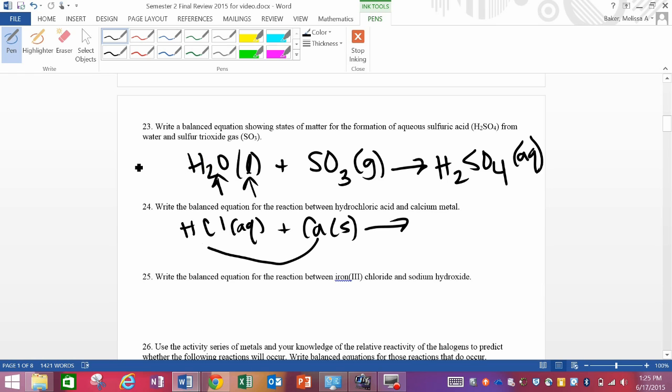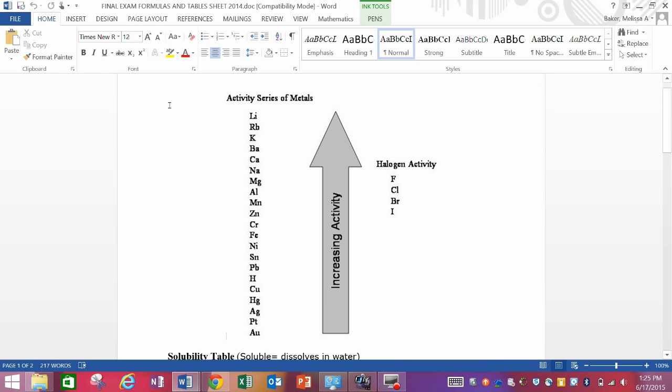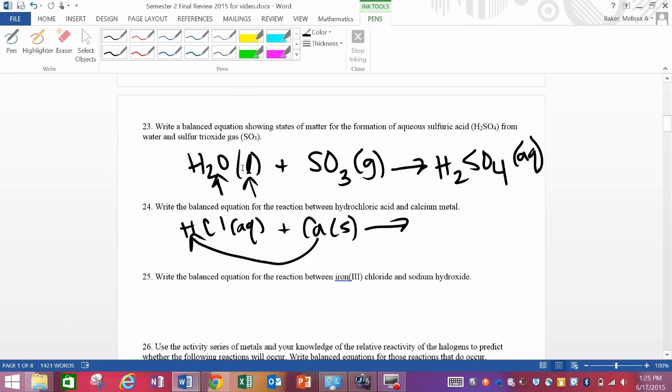So is calcium powerful enough to kick out hydrogen? So you go and you check your list, and you say, okay, here's calcium, hydrogen's way down here, so yep, it is. Now H is by itself, but H is never by itself because it's in Hofbrinkel, so H2 plus, now Ca is with Cl, Ca is a +2, Cl is a -1, so that becomes CaCl2.